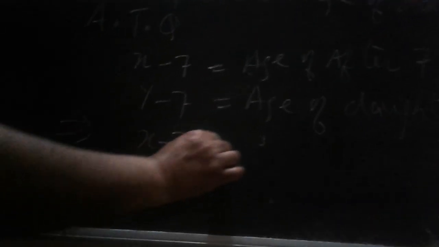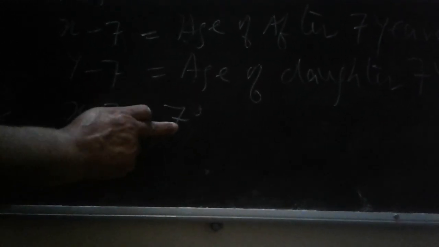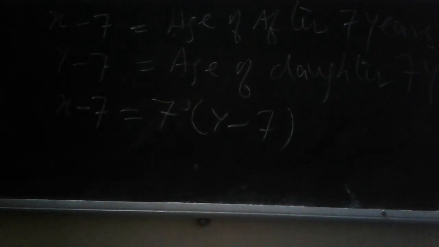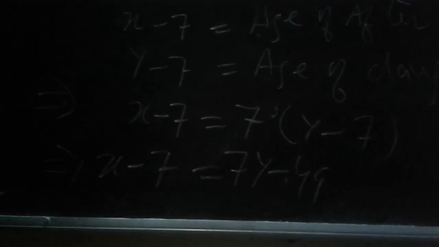Therefore, age of Aftab 7 years ago equals 7 times the age of daughter 7 years ago. Times means multiply, more means plus, less means minus. So here 7 times, we multiply 7 by y minus 7. Now we make the equation x minus 7 is equal to 7y minus 49.